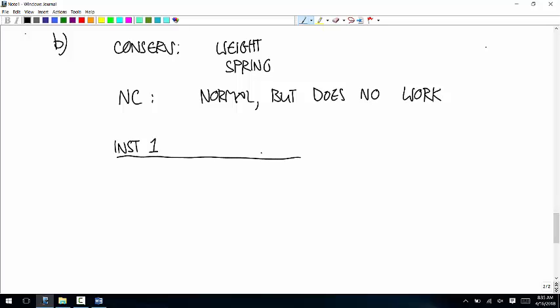So we have an instant 1 and an instant 2. What are our 2 instants? What do they represent? You're always choosing 2 instants where you want to find stuff or where you know stuff. Yeah, the starting position.